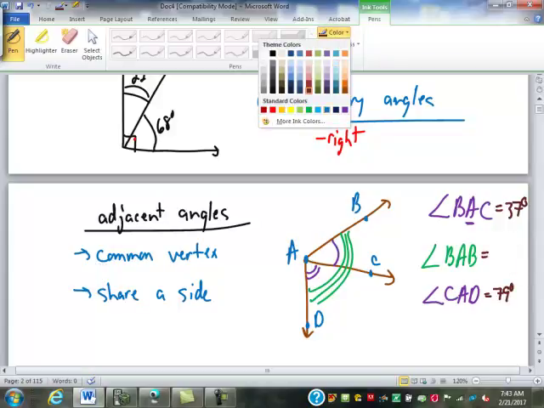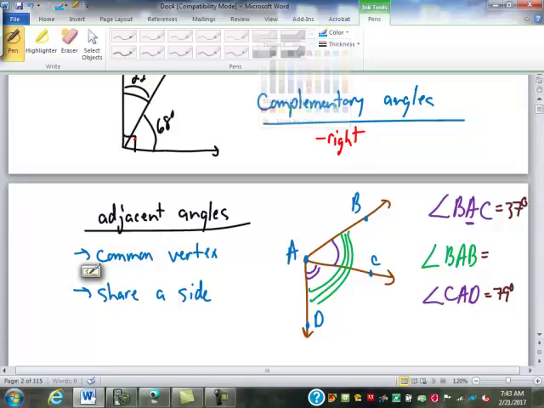I can then find angle BAD by just adding. 79 plus 37 is 116 degrees. So when they are adjacent like that, they are additive or subtractive. If I gave you BAD, I could subtract one from the other to get the smaller angles.